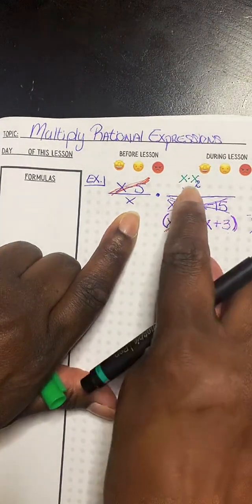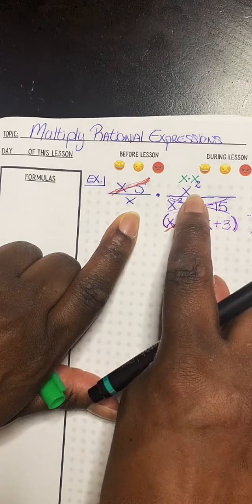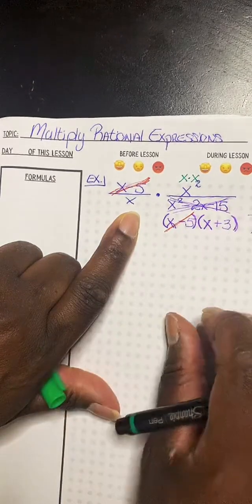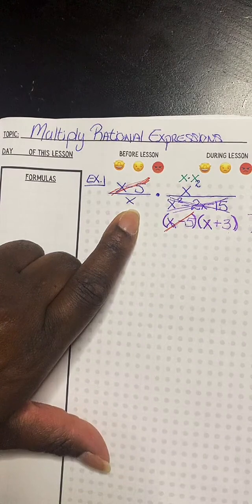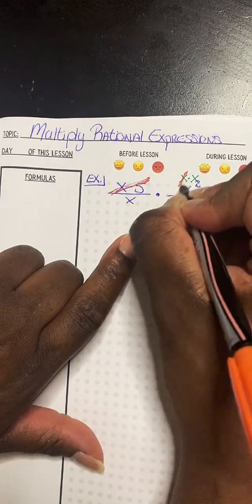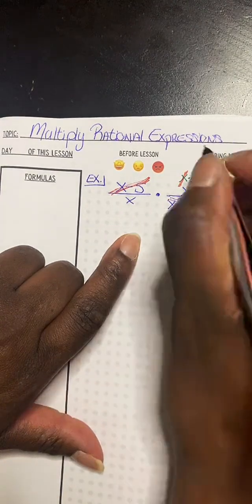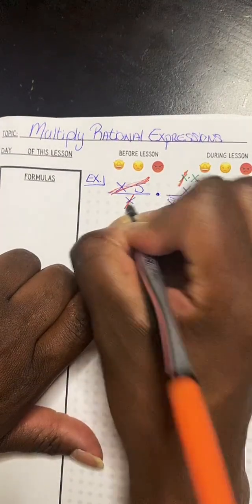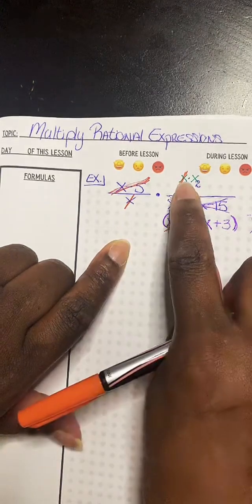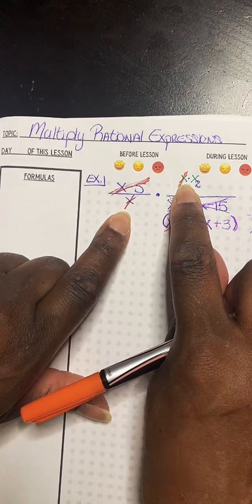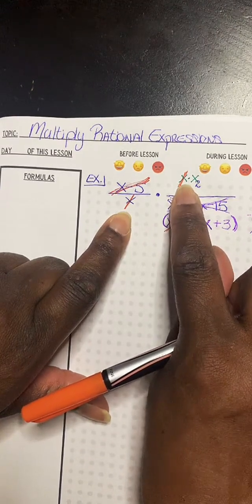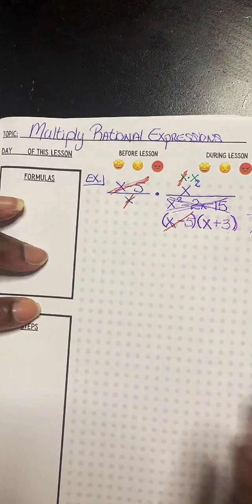That's what x squared means. It does not mean 2x. So let's take it a step further. We can cancel out one of those x's up here, and we can cancel out that x down there. Whatever is up in the numerator and matches with the denominator, you can cancel them out. So now let's see what's left.